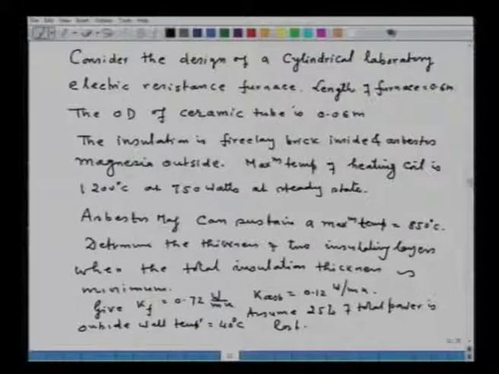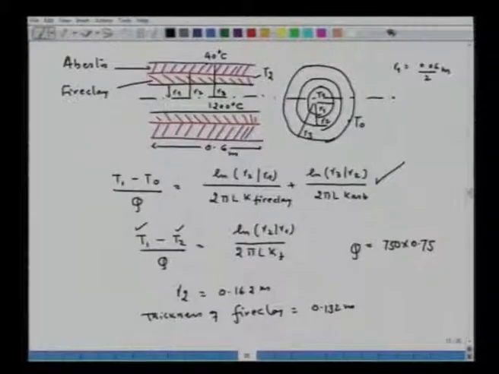Now what is required in this problem to think? One, the problem says that you have to find the thickness of two insulating layers when the total insulating thickness is minimum. This means, if you note, that the value of k asbestos is very much less than the value of k fire clay. So if the total thickness has to be minimum, then the lining of asbestos magnesia has to be higher.